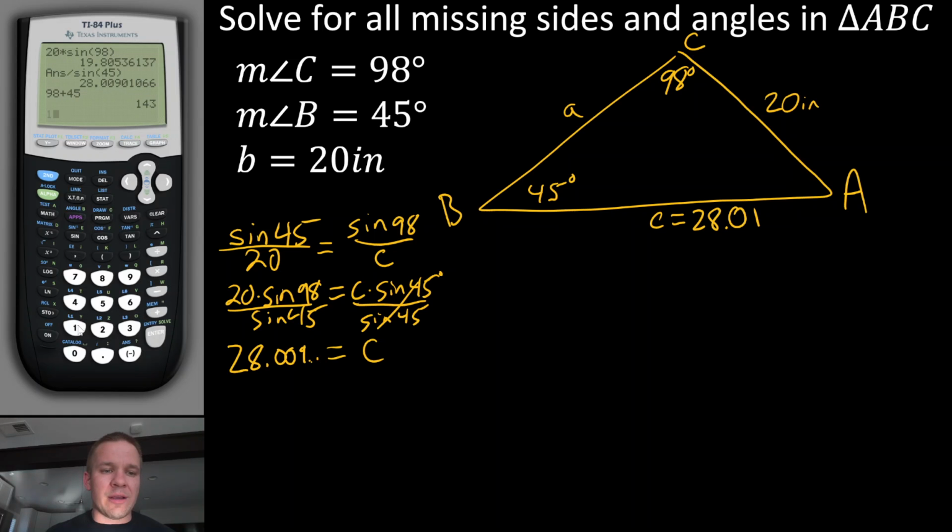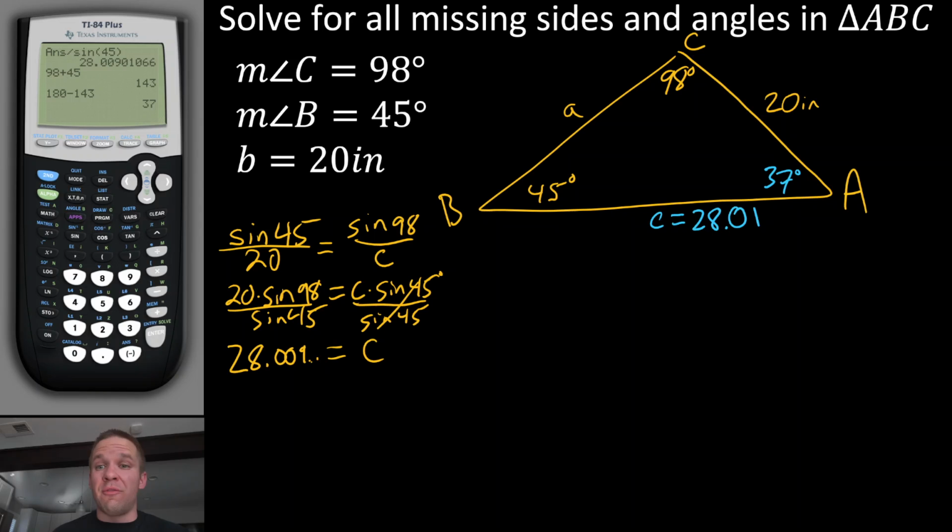I can do 180 so that I have it in my calculator here. 180 minus, and what I can do is arrow up, select that, hit enter. It copies it down for me. So that was like a really terrible number that happens in some of these problems. I can arrow up and copy it down. Hit enter, we've got 37, right? Probably could have done that in our heads, but we're going to be using our calculators a lot, so why not have it there? So we get 37 on the dot for A. Perhaps I'll make those different colors.